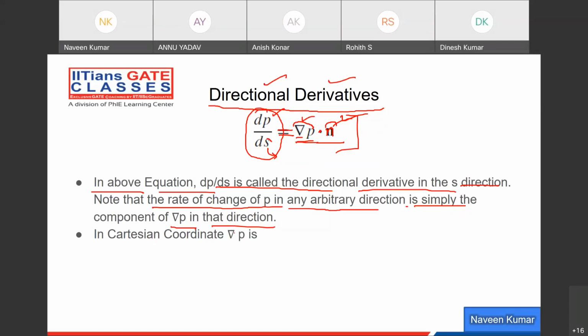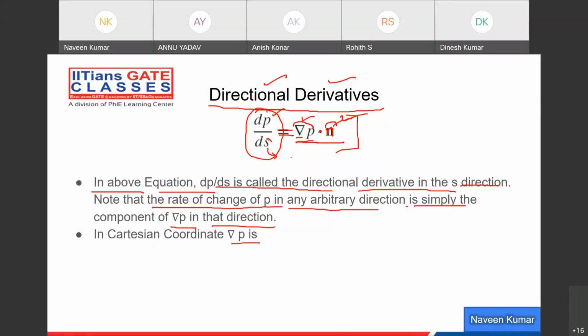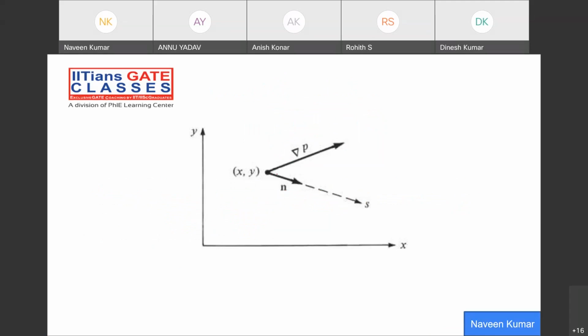So in Cartesian coordinates, del p, you can see this in x, y, z coordinates. Let's say it's 2D only, the x, y coordinate system. If you take any del p in this particular direction n, in an arbitrary direction s, and you are going to calculate the directional derivative, del p dot n, dp by ds, that is called the directional derivative.